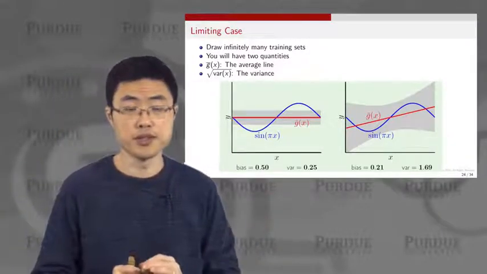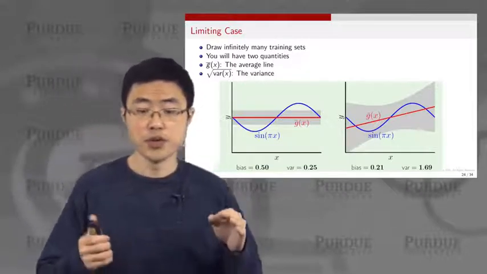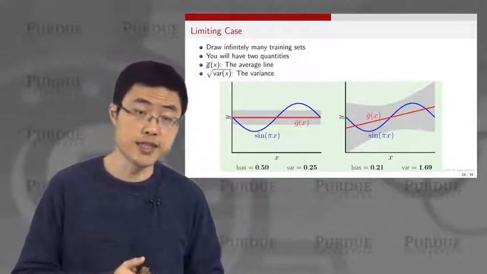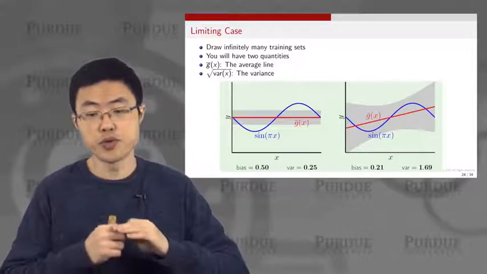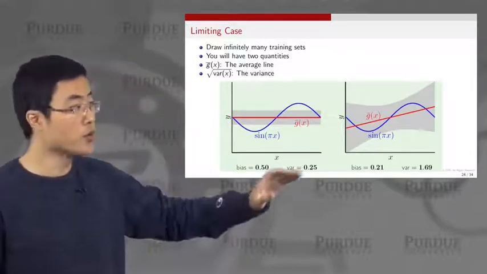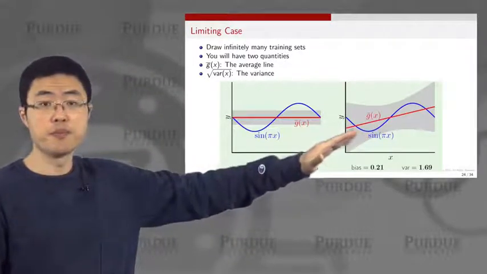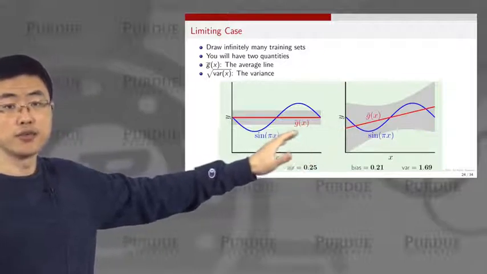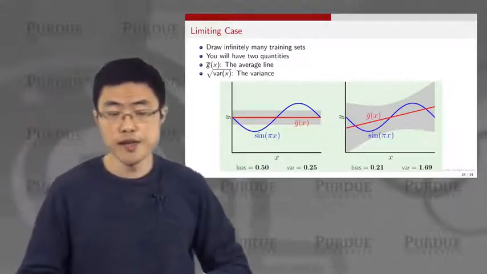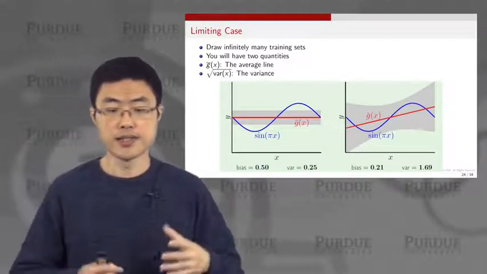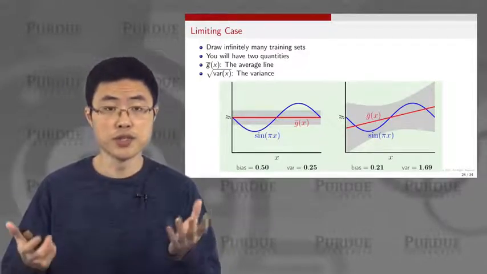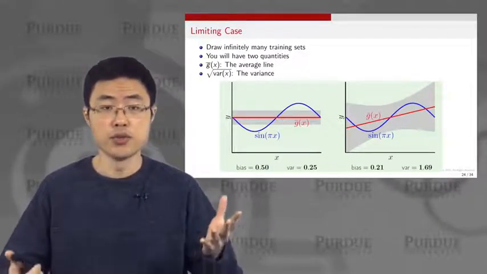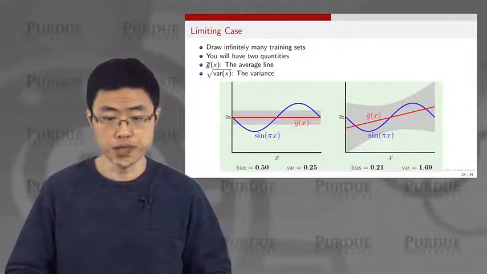The problem comes from the fact that you have a finite number of training samples. If the number of training samples grows, then of course this linear model will become better than the zeroth order model. This gives you an idea that the number of training samples should somehow be related to the model complexity that you're choosing.